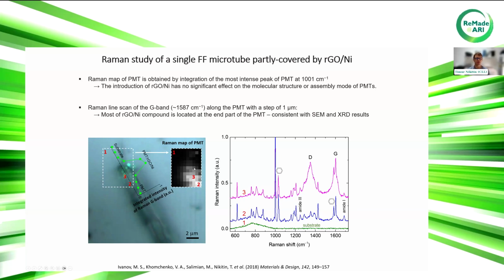The main conclusion is that the introduction of reduced graphene has no significant effect on the molecular structure or assembly of peptide microtubes. This is important, so they do not interfere, they do not damage each other.